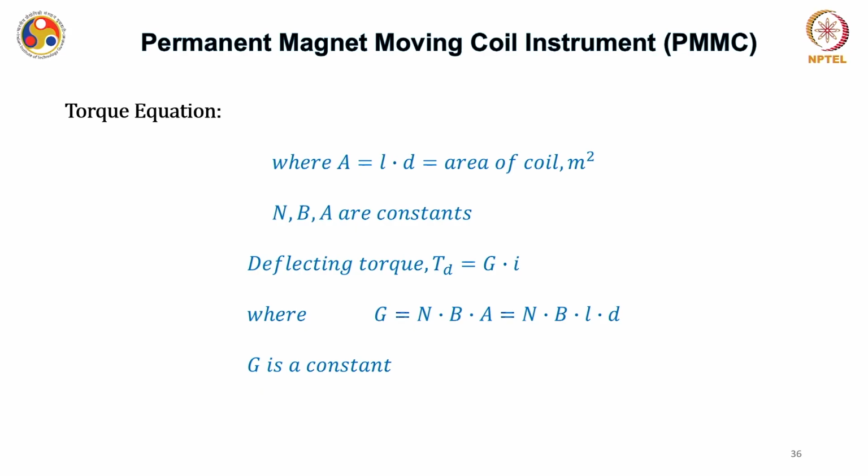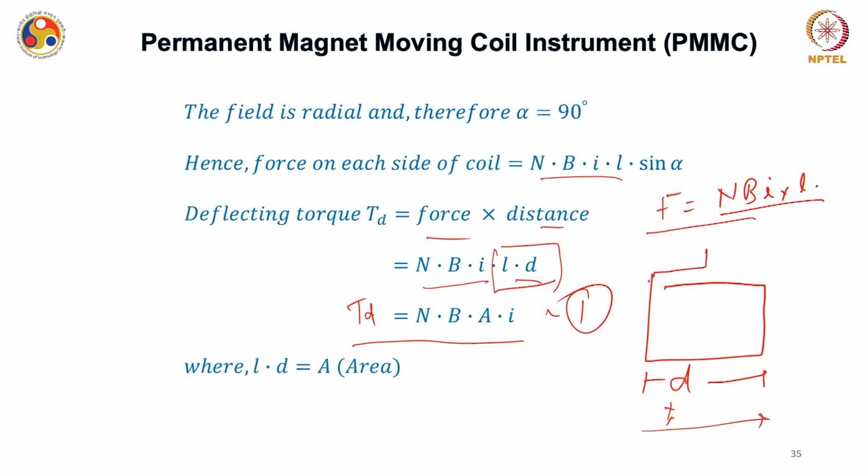Okay, now if you see this very carefully, this NBA all are constant. This was the number of turns, this is the flux density. If you are not changing the magnets, the flux density in the air gap will be constant, right? Area is also constant because you are not playing with the number of coil turns once it is wound on the former.